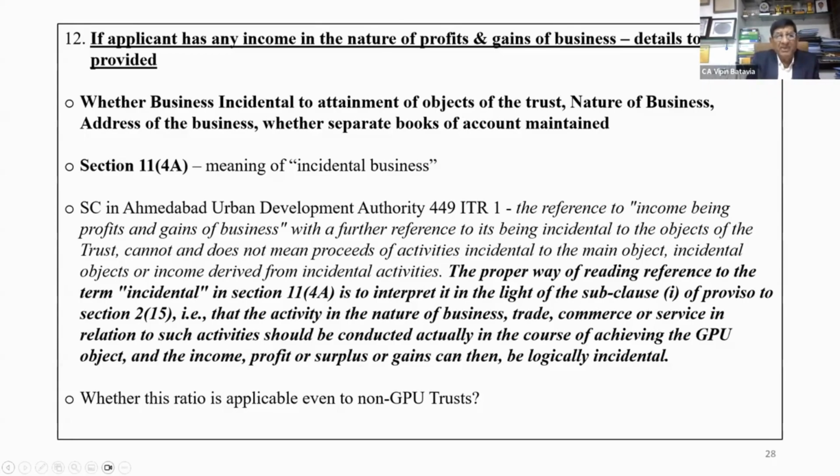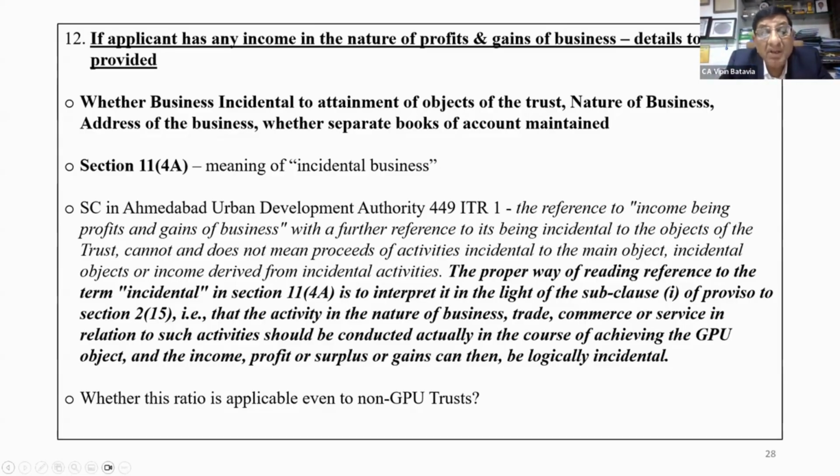If the applicant has any income in the nature of profits and gains of business, details are to be given. Now, regarding 4 and 4A, what is the meaning of incidental? The Supreme Court, in the case of ADA, Ahmedabad Urban Development Authority, said the proper way of reading the term incidental in 11(4A) is to interpret it in the light of the first proviso to 2(15).